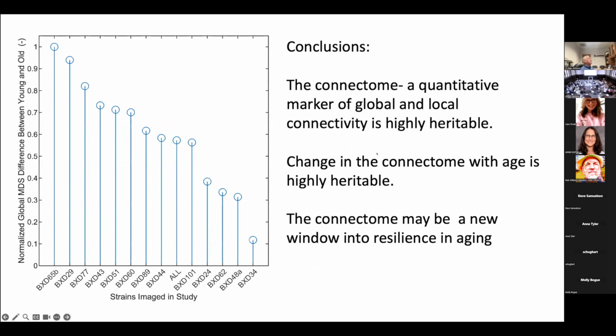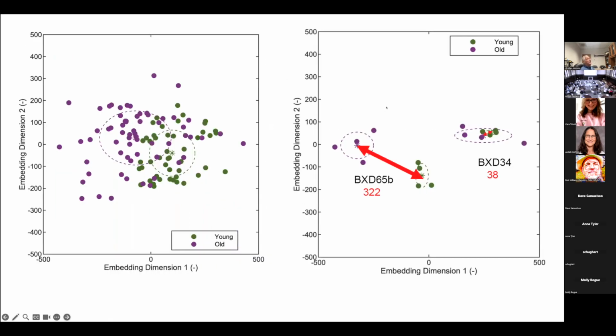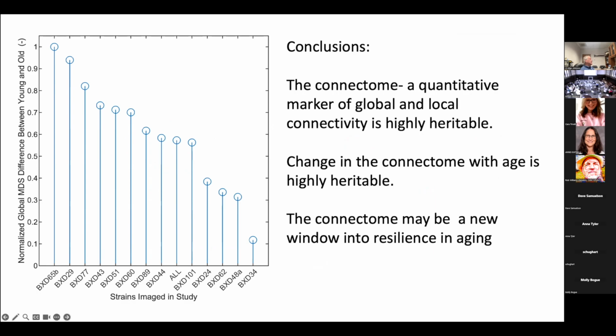We can map this across all of the strains that we looked at. This is the number that we're mapping, the separation for this stage. And in this, we see that this is highly dependent upon strain. BXD65 is very vulnerable to aging.